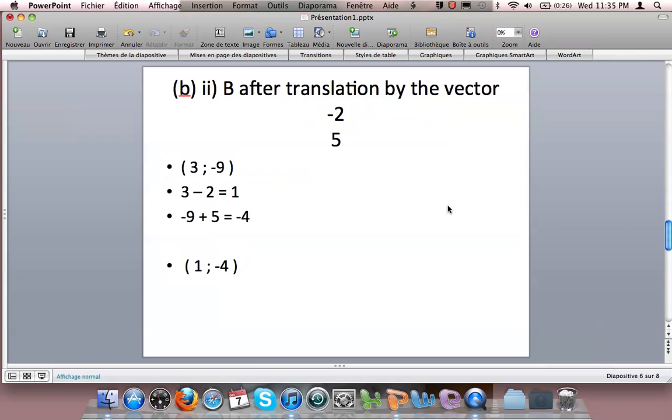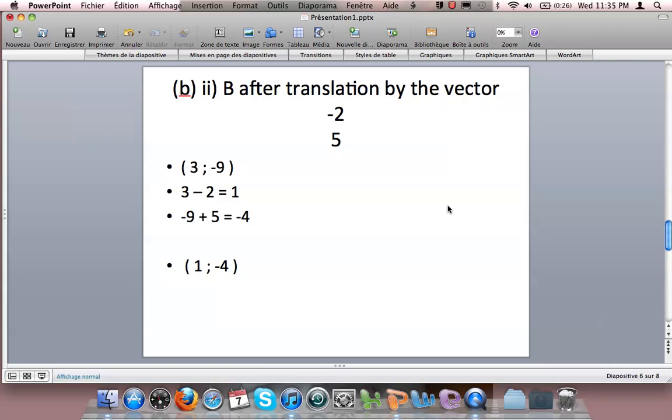That's its coordinates. And alright, so B to I, the vector is (minus 2, 5). So we know what it does. It shifts B: it does minus 2 to the x and plus 5 to the y.